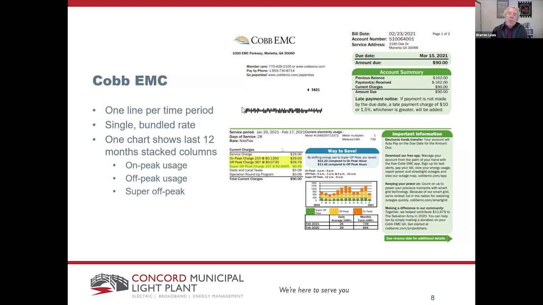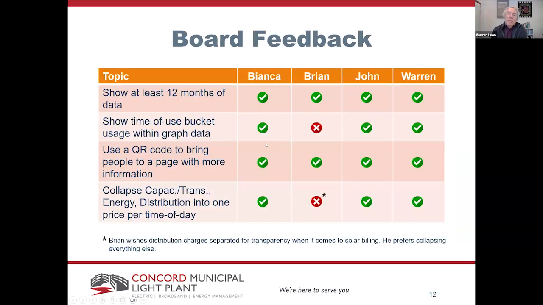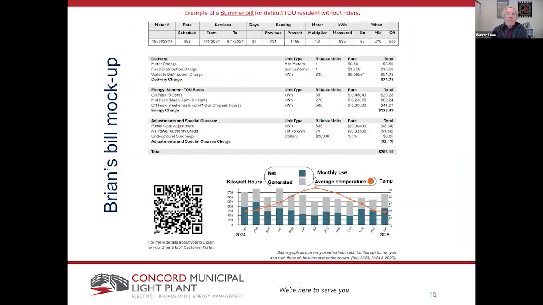Let's go back to your proposed bill again. I don't have a problem with Brian's proposed bill. I mean, the delivery charge, it's clearly labeled delivery charge there and it's broken out.